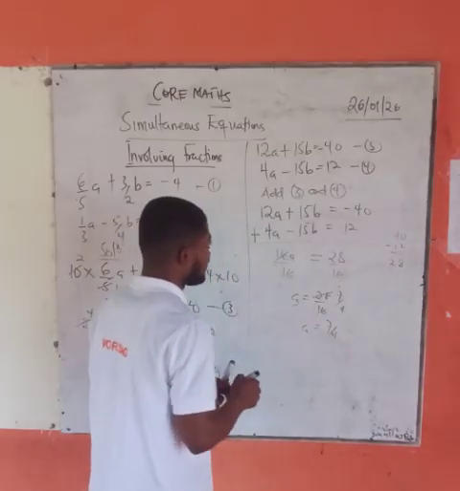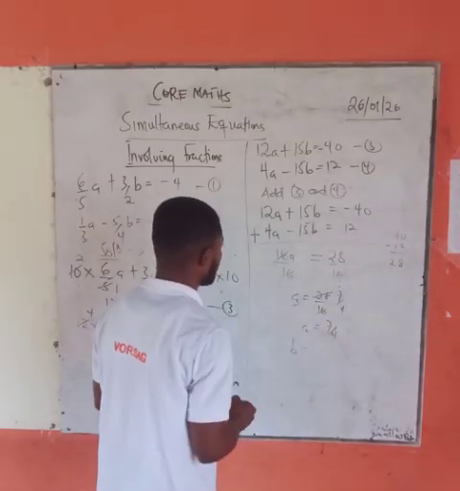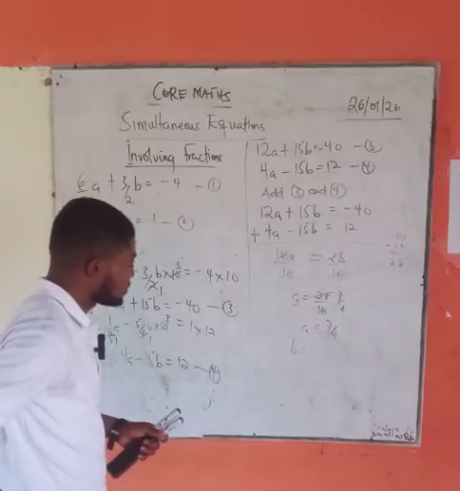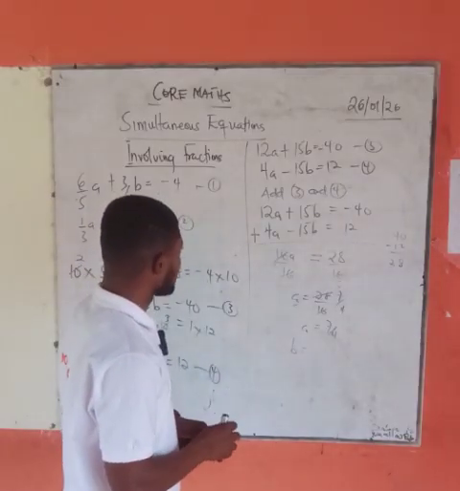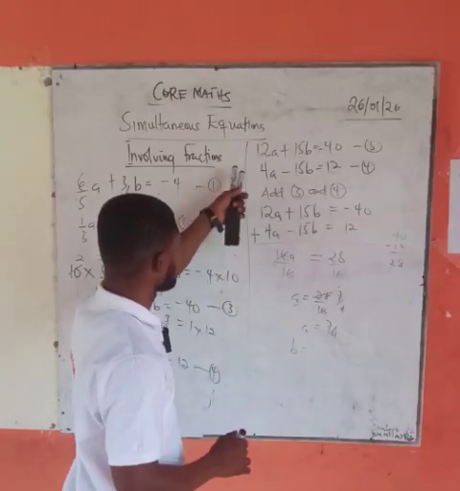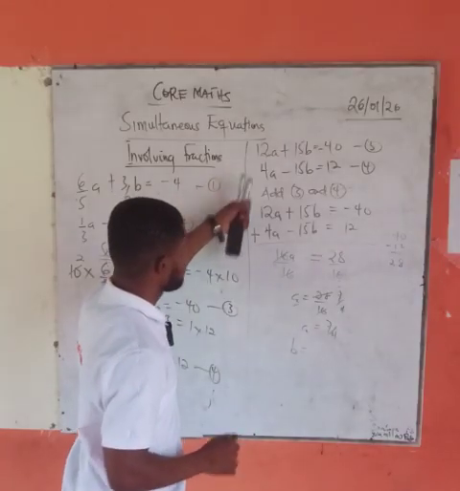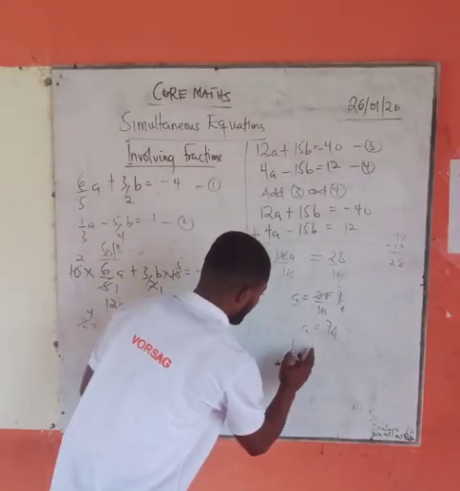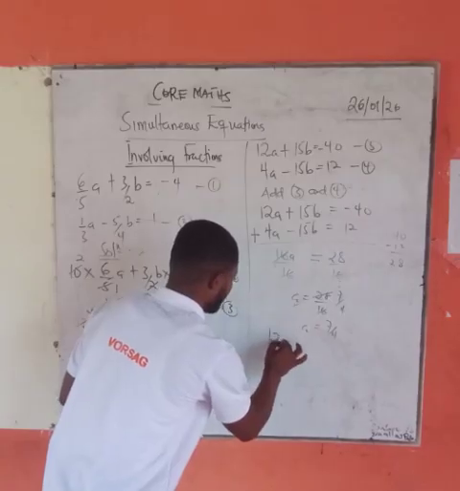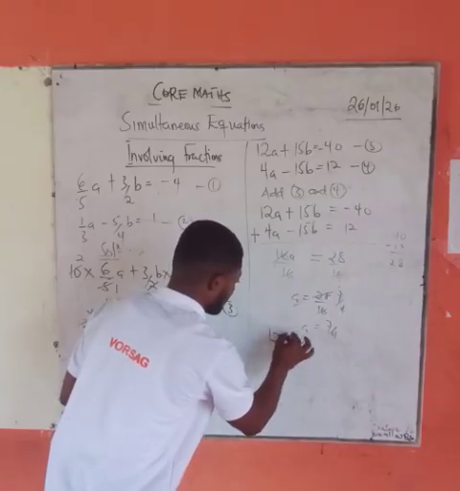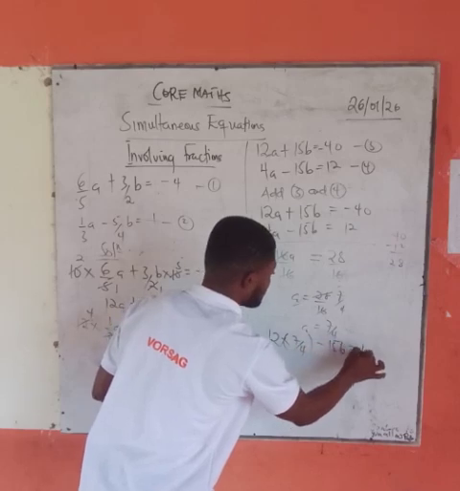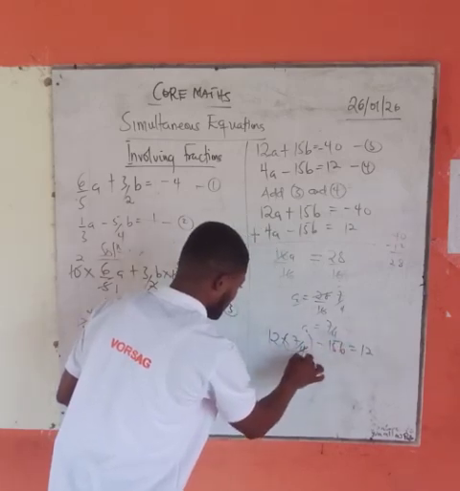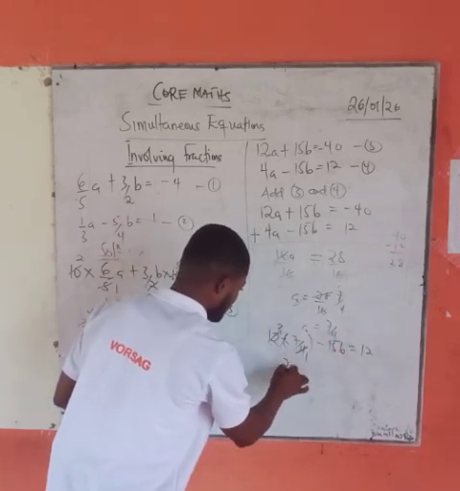We find the value of b. b is equal to, which equation should we put it in? Equation 1, 2, 3, or 4? Okay, so we can put this into equation 4. So we have 12 times 7 over 4, like this, minus 15b should be equal to 12. 4 here 1, 4 here 3, 3 times 7, 21.